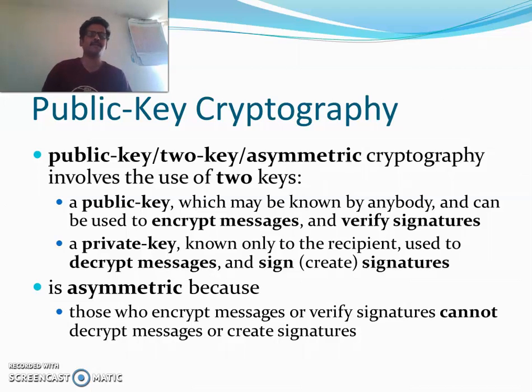In contrast, the private key is known to only one person, who can perform decryption or create signatures. The person who can encrypt or verify signatures cannot decrypt or create signatures. That is the strength of public key cryptography.